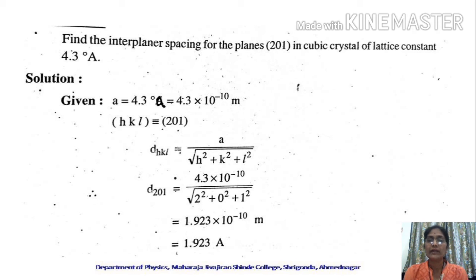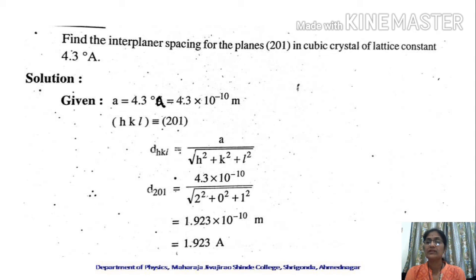Find the interplanar spacing for the planes 201 in cubic crystal of the lattice constant 4.3 angstrom. A is given as 4.3 angstrom, that is 4.3 into 10 raised to minus 10 meter. HKL value is given as 201. It means that H value is 2, K value is 0 and L value is 1.